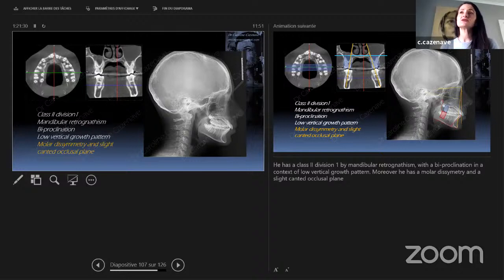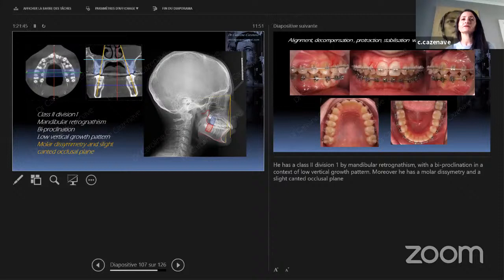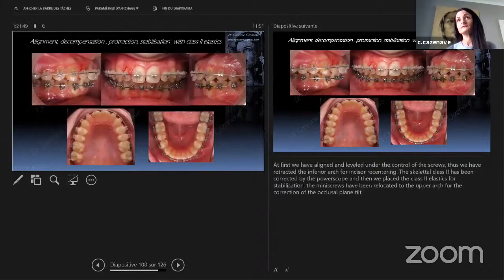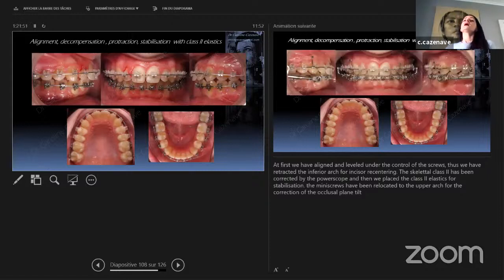He has a class 2 division 1 by mandibular retrognathism with a biproclination in the context of a low vertical growth pattern. Moreover, he has a molar asymmetry and a slight cant of the occlusal plane. You can see there. So at first, we aligned and leveled under the control of the screws.